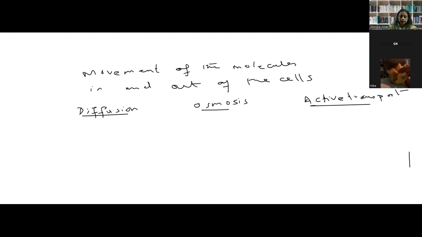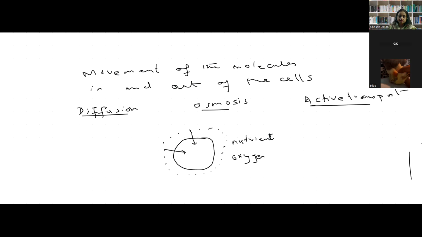Diffusion is, for example, say this is a cell. In case of a cell, whatever nutrients and oxygen molecules are there, if they are at a high concentration, if they are more out of the cell than in the cell cytoplasm, then simply they will move from high to low concentration like this.